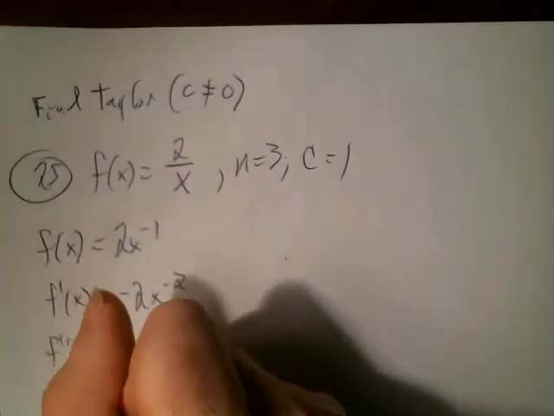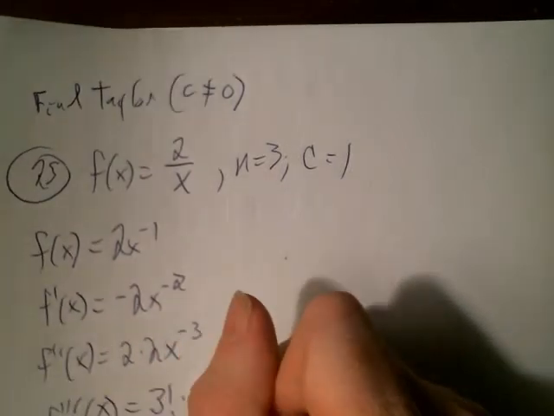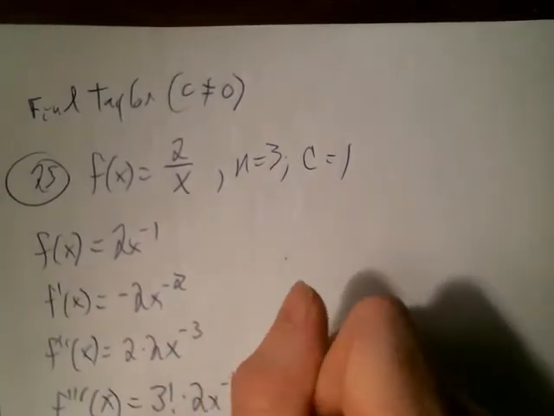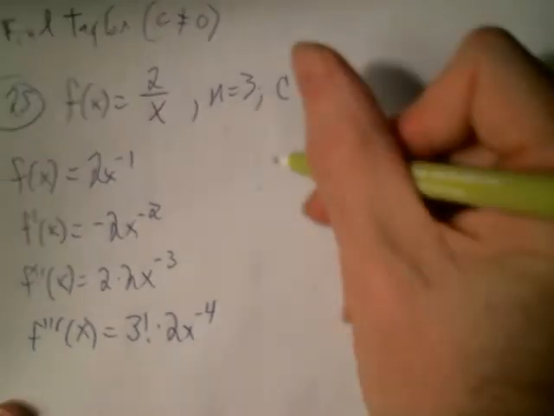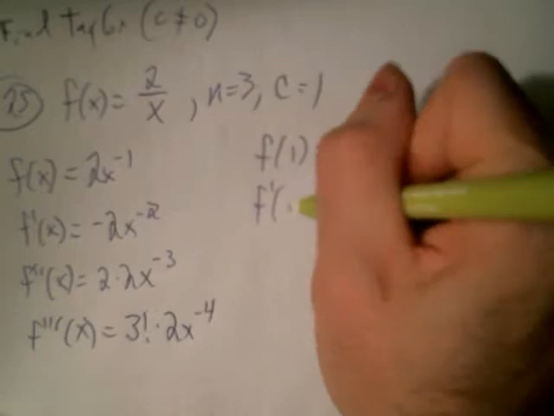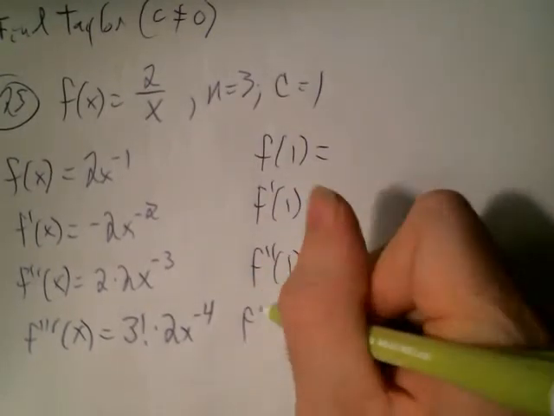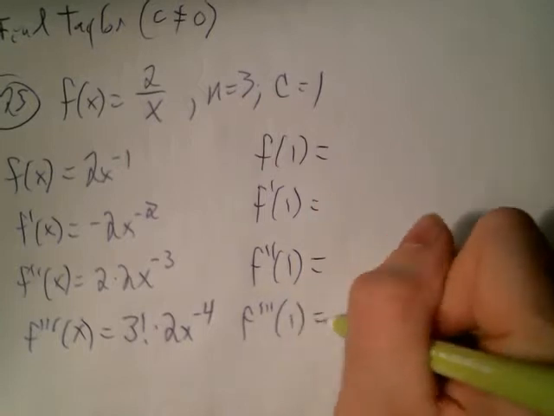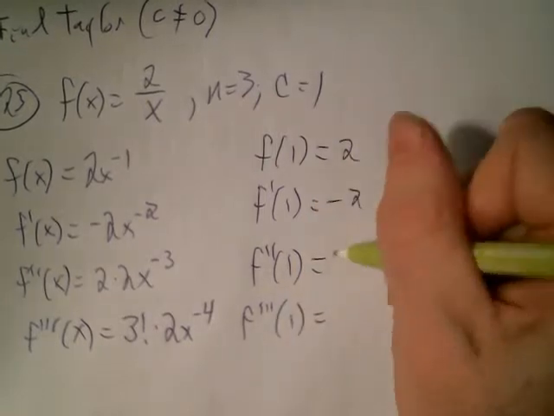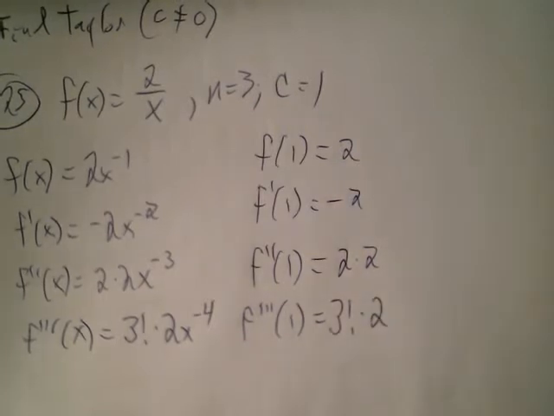F triple prime of x is going to be 3 factorial times 2x to the negative 4. So then evaluate all these at 1, and these sort of become our coefficients. So this would be 2, negative 2, 2 times 2, 3 factorial times 2.